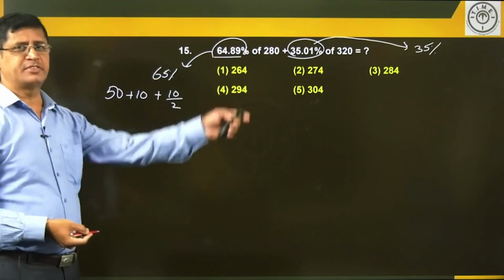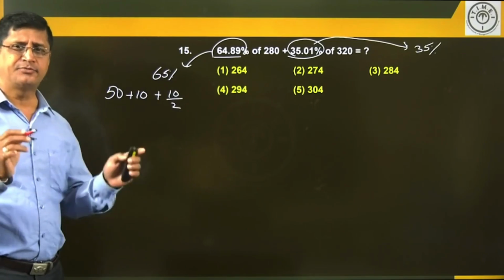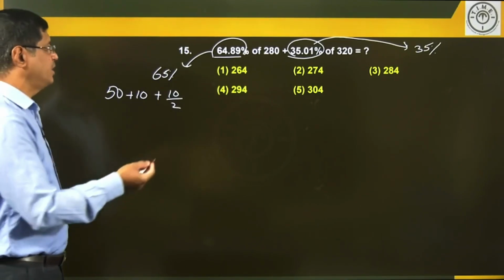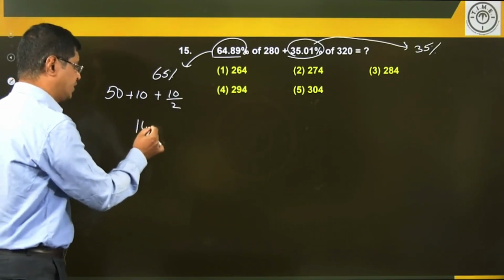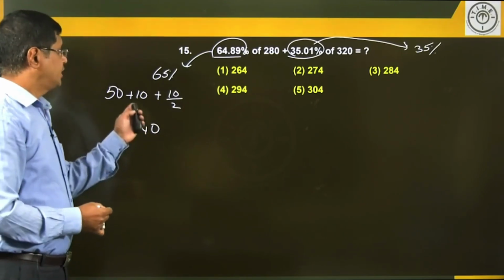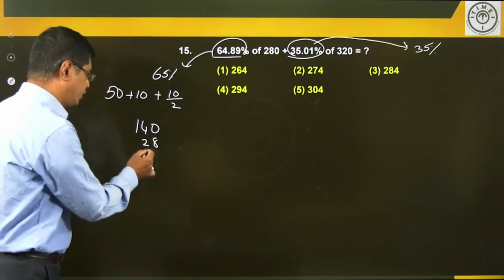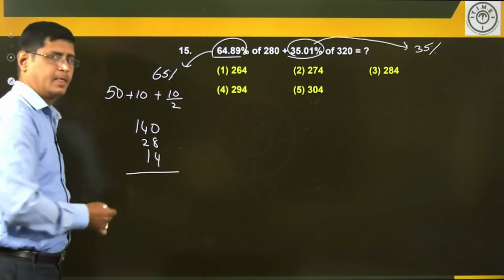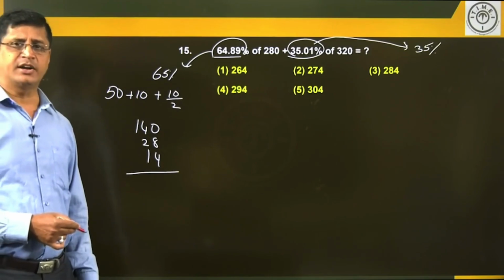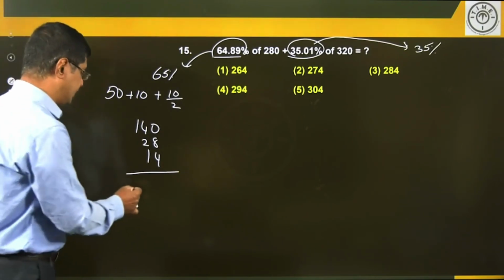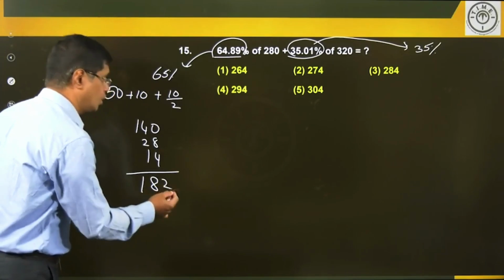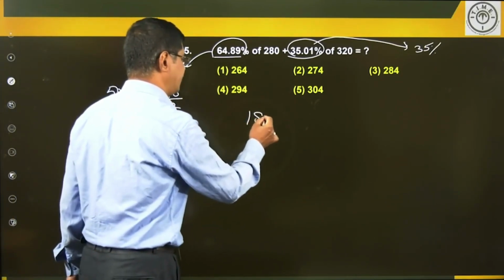How much is the 50% value? 280 is the 100%. 50% means half of the value, that is 140. 10% of 280 is 28. Half of 28 is 14. 14 plus 28 is 42. 42 plus 140 is 182. So the first part is 182.